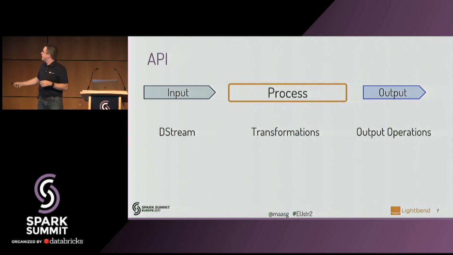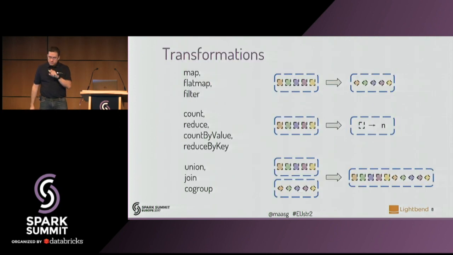So very simple. The input is represented by the DStreams. The process are the transformations. It's the API on top of these streams that is offered. And the output is materializing all those transformations into a result.